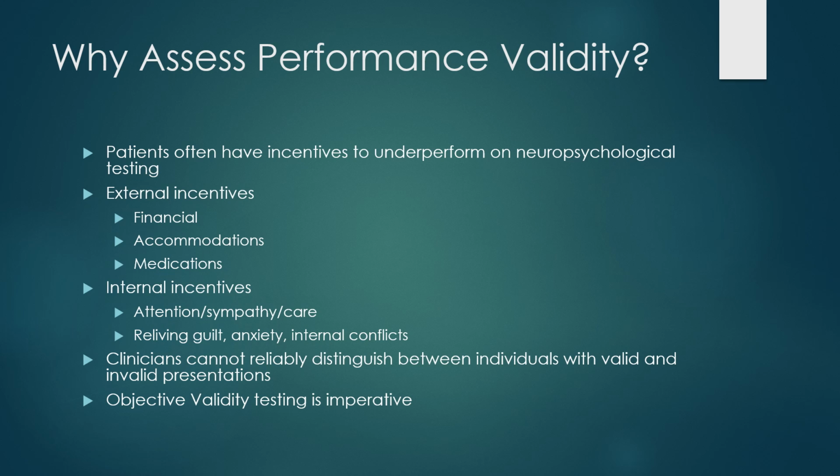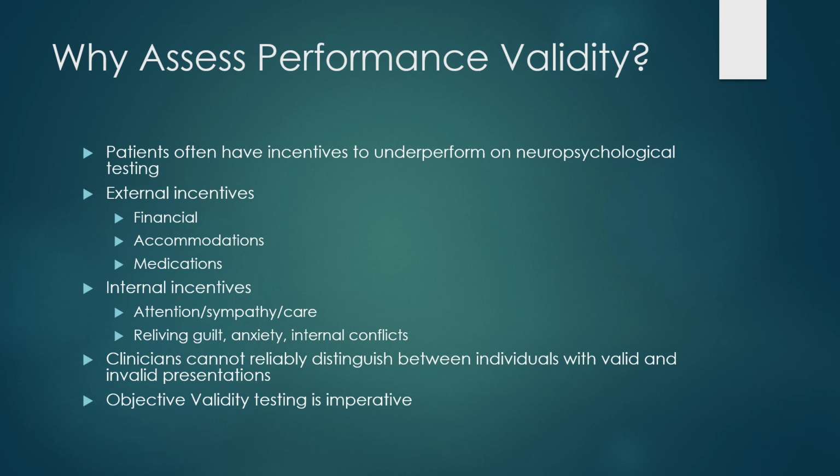And external incentives also include medications. So, for instance, in ADHD evaluations, the patients may be looking for medications to assist with that. And these external incentives could be reasons why patients want to appear more impaired than they actually are.